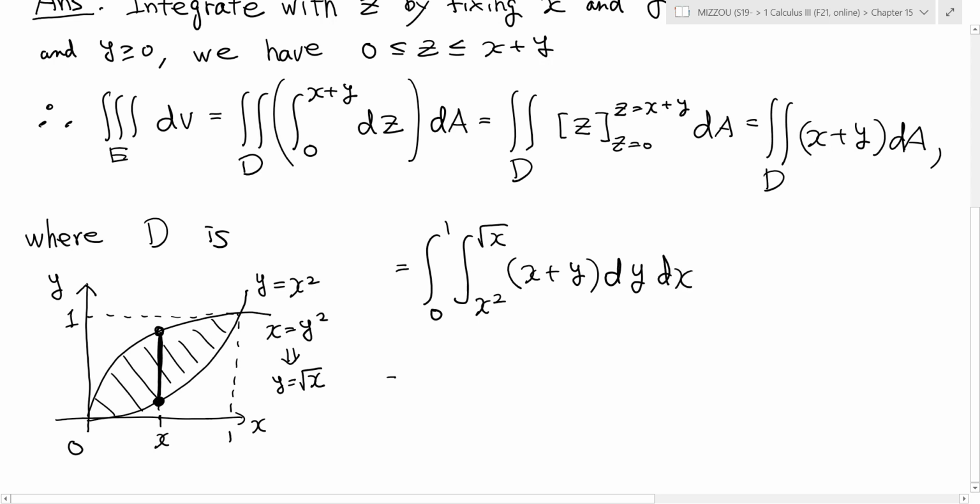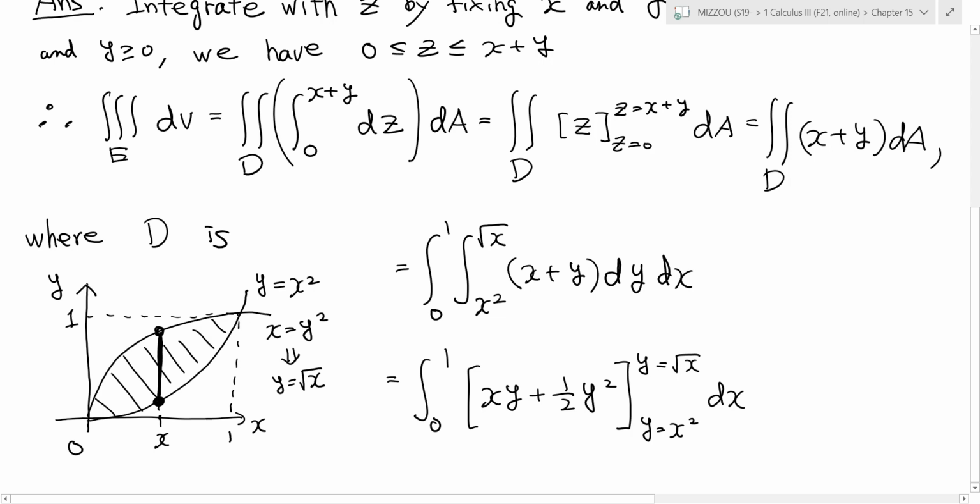And then this is equal to the integral from 0 to 1. Then you integrate with y, y is equal to x squared, and y is equal to root x, dx.